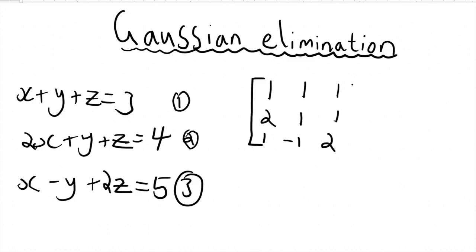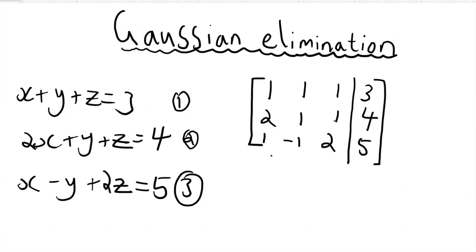However, we're going to draw a line here, and now we're going to add another column, and that column will just be the right-hand side of each of the equations, the side with the constants. So we'll have 3 here, because in the first equation we have x plus y plus z is equal to 3. On the second row we'll have 4, and in the third row we'll have 5.